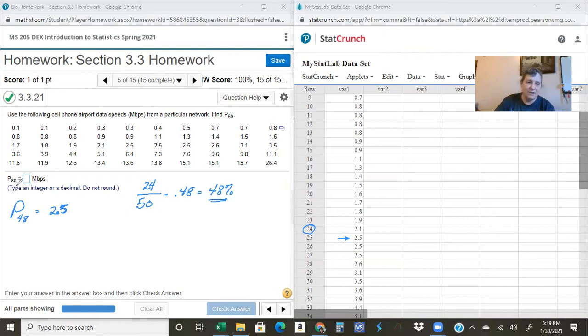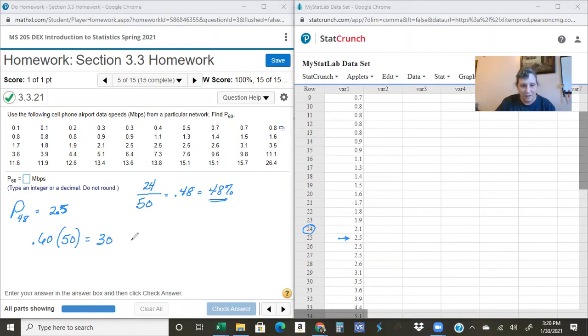Now what this problem is actually asking us to do is find where the P of 60 is. That means we need to find the next data up from the 60th percentage. So we want to find 60% or 0.60 times 50 data pieces. That's going to be 30.